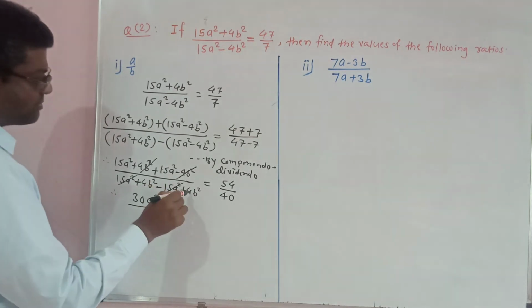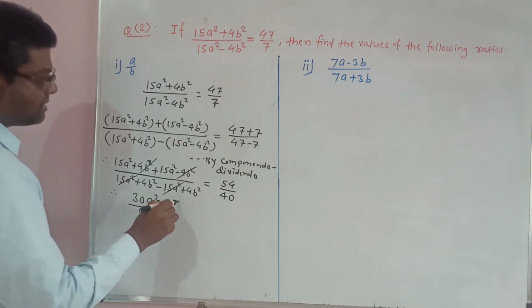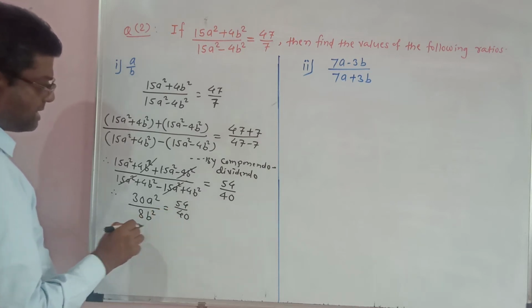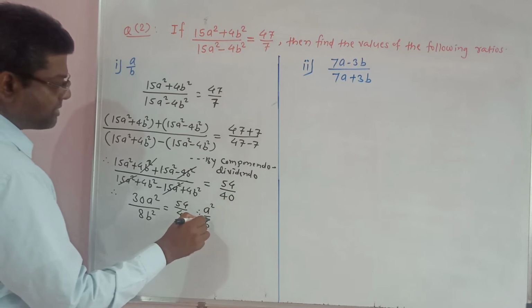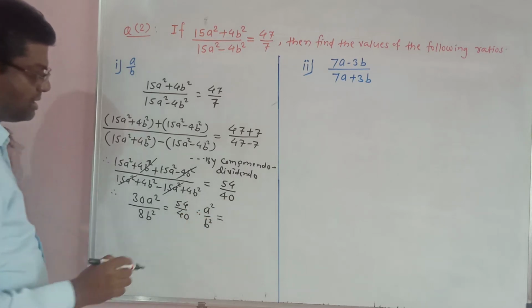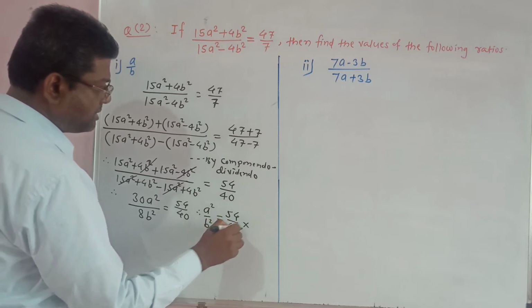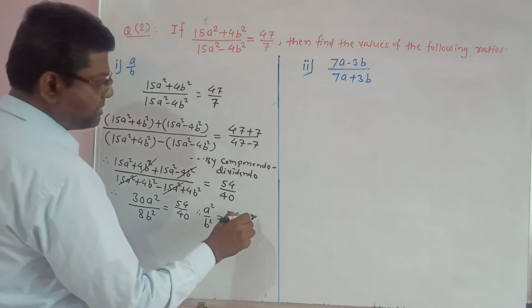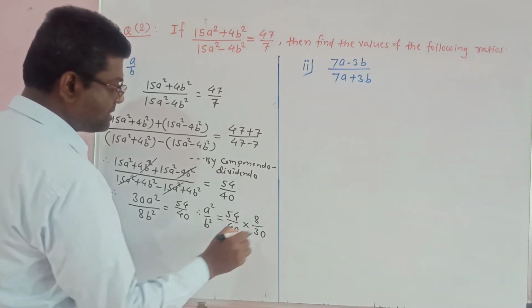Now 4b square plus 4b square will be 8b square is equal to 54 upon 40. Therefore a square upon b square is equal to 54 upon 40 into, this 30 upon 8 will go to the right side, it will become 8 upon 30.